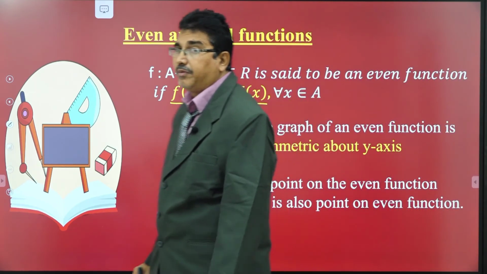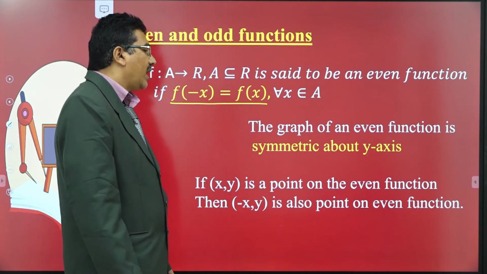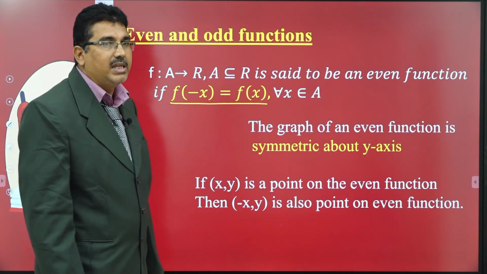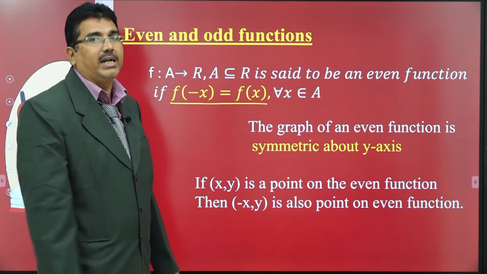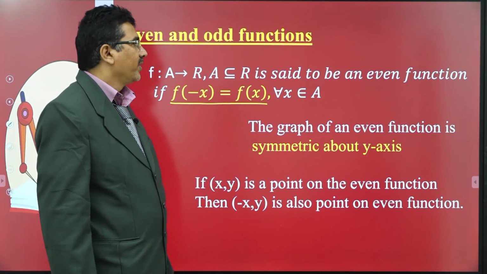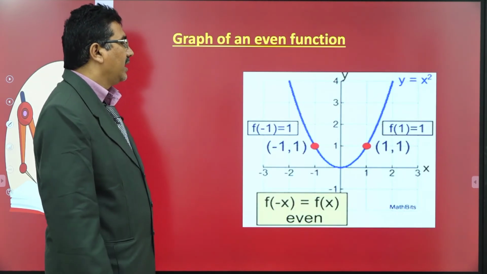Also, if (x, y) is a point on the graph of an even function, then (minus x, y) is also a point on the graph. See the graph of an even function.